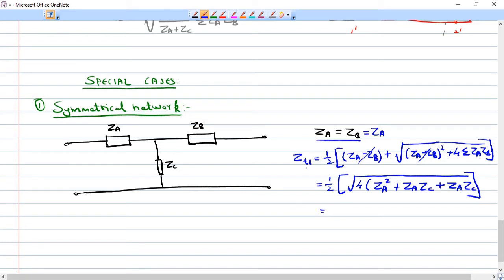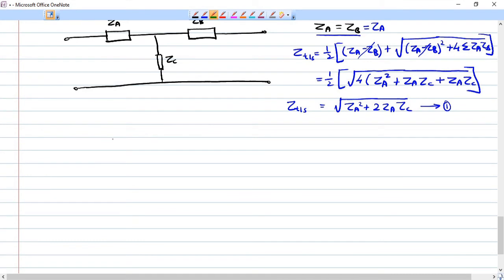So I'll write this as ZT1S for a symmetrical network. So ZT1S is equal to square root of ZA square plus twice ZA ZC. Okay, so that is our first equation. Now what happens to ZT2?